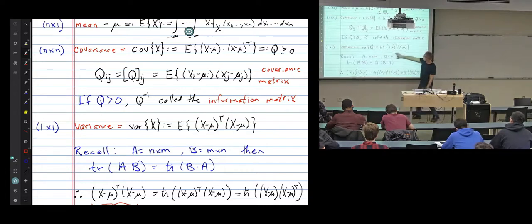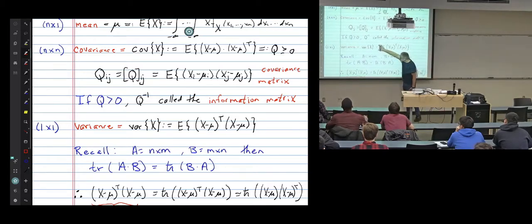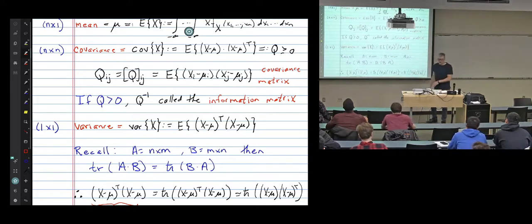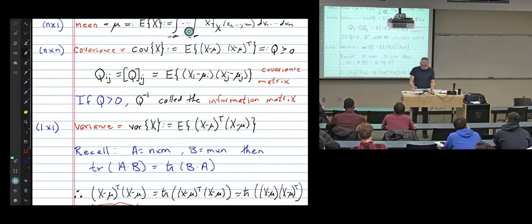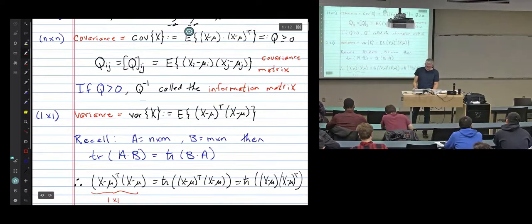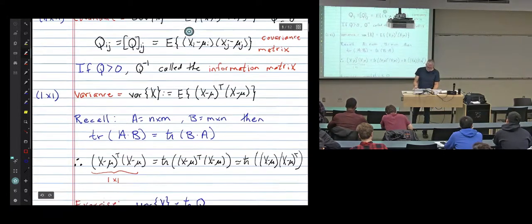Okay, so I want you to note that this looks like an inner product. Okay? And so this expectation and the variance, this is really a norm squared. We'll come back to this. We use it a little bit today, but it's really a norm squared of the random vector.